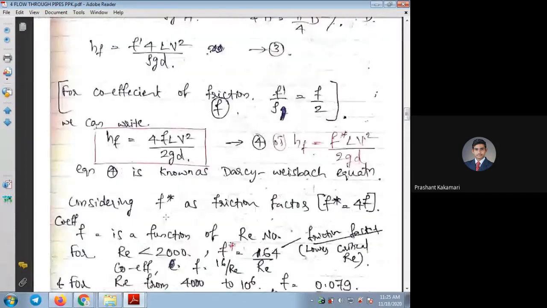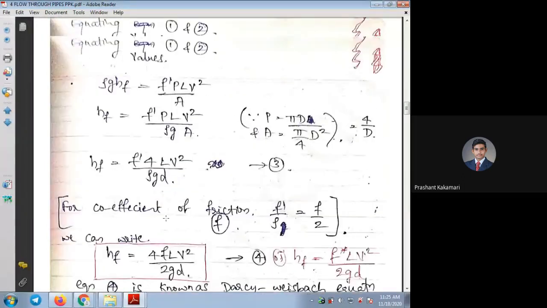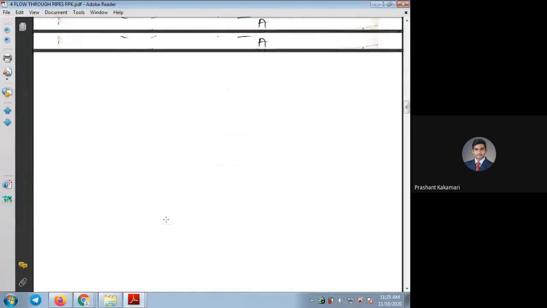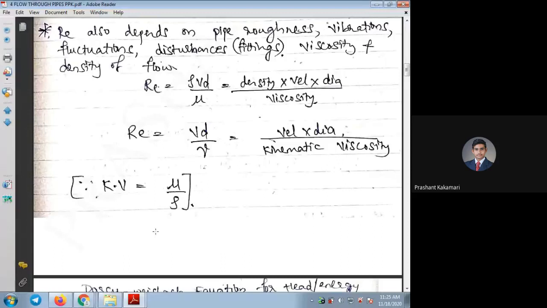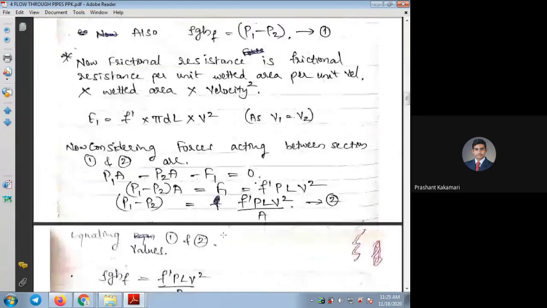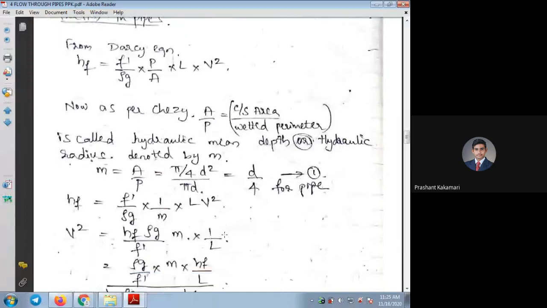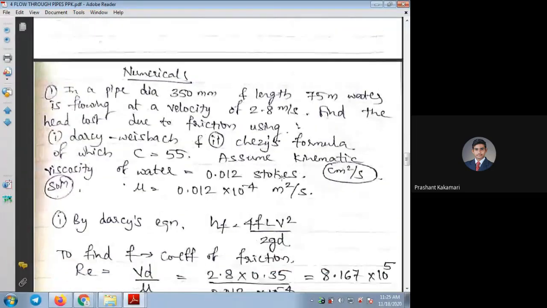So go back to the theory. The Reynolds number can be found out either by using dynamic viscosity, rho Vd by mu, or you can use kinematic viscosity also, that is Vd by nu. Using any one equation, you can tell me what is the Reynolds number for this problem. In this problem, velocity is 2.8 meters per second. Kinematic viscosity they have given as 0.012 Stokes.